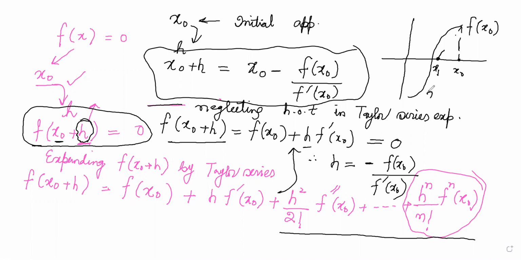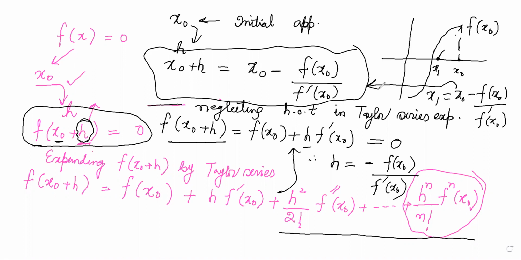And if you recall, your x1 was equal to x naught minus f of x naught divided by f prime x naught. This was the geometrical derivation, and it agrees with what we call the analytical derivation. So this is how the Newton-Raphson method works.